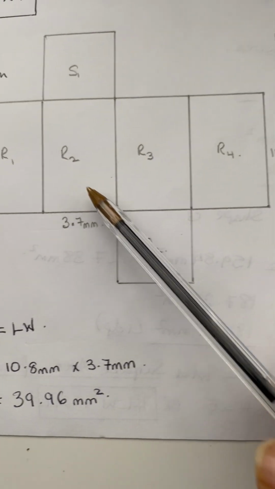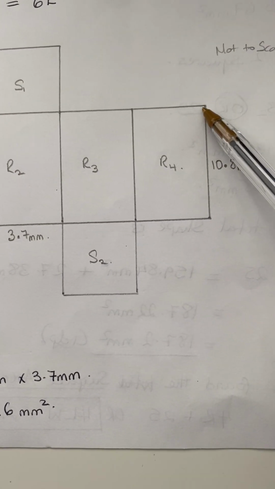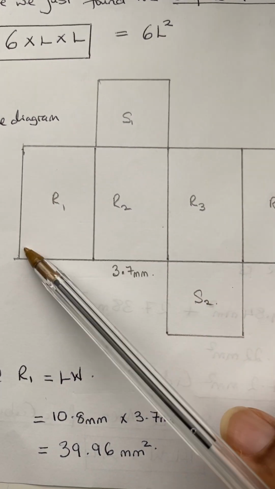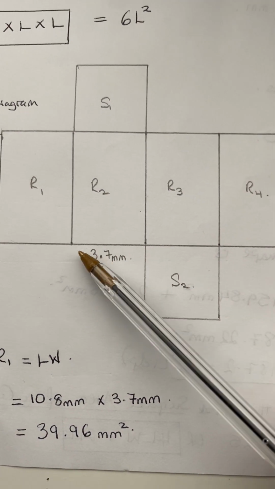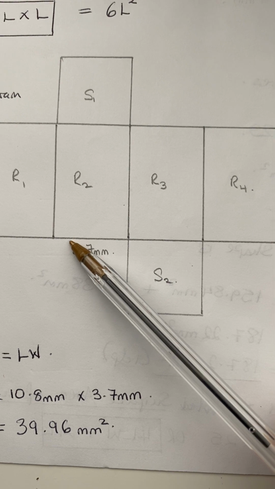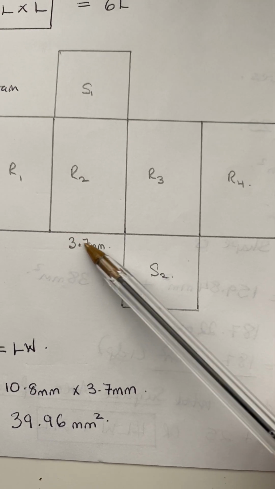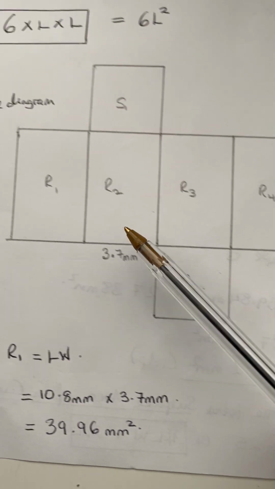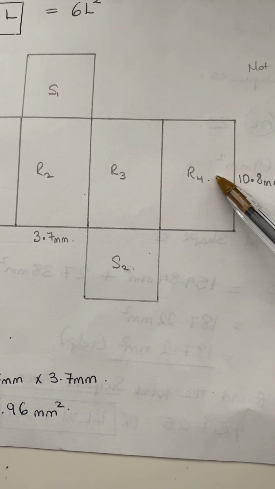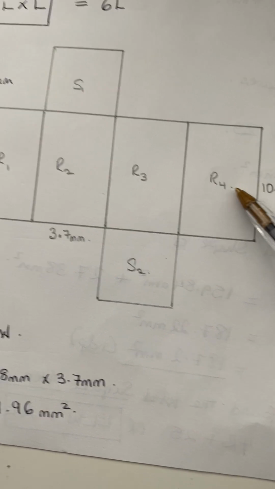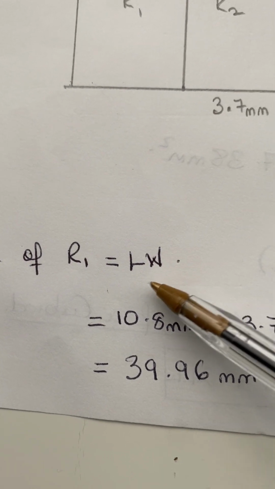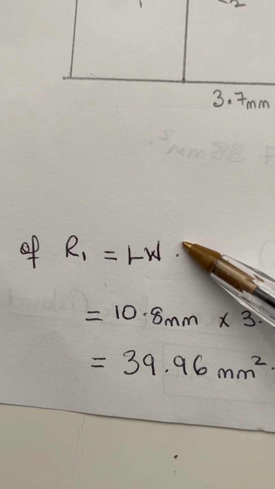Now, we have the length of the rectangle, which is this one, and we have the breadth, 3.7. So let's find the area of the first one. The area of one of them will be length times width.